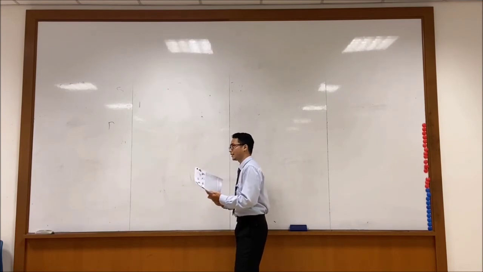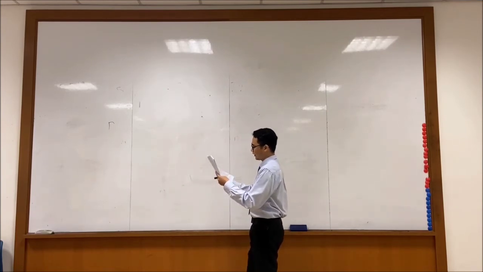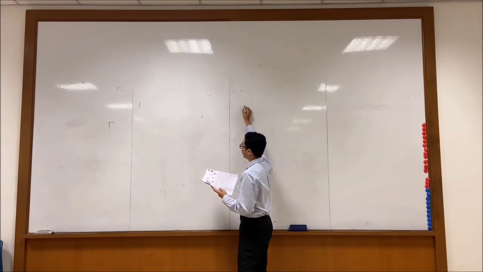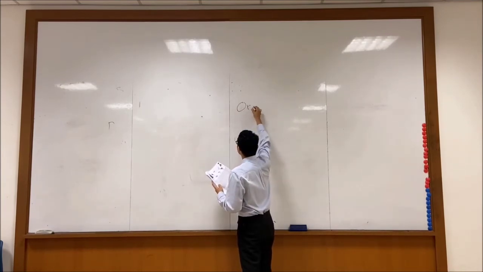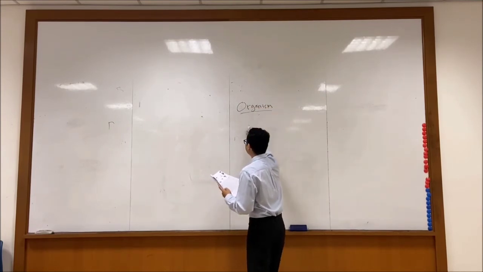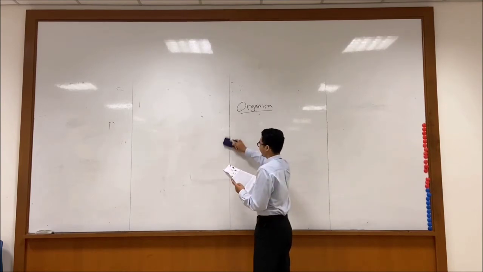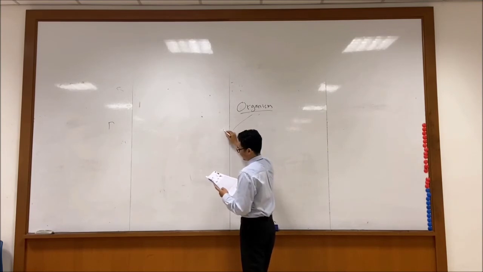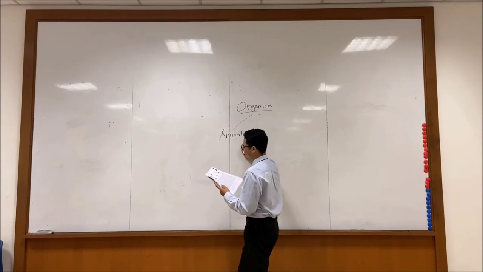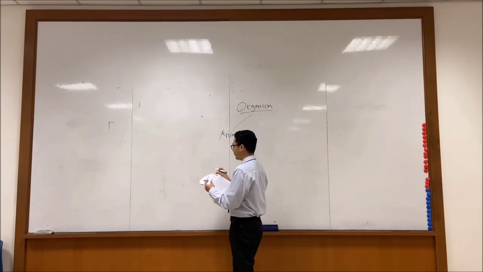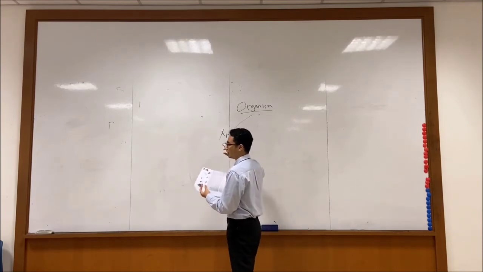Okay, let's take a look at this dichotomous key. The first one, of course, all the examples are organisms. Let's classify them. First, we classify animals. We have many animals, so we cannot put all the animals in this group.